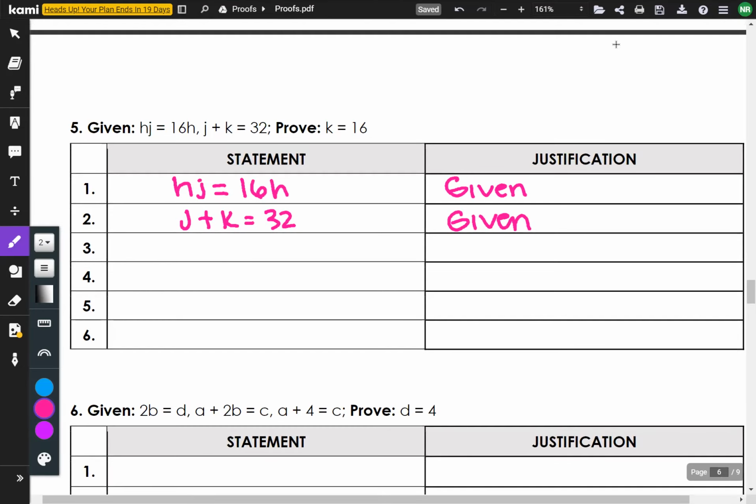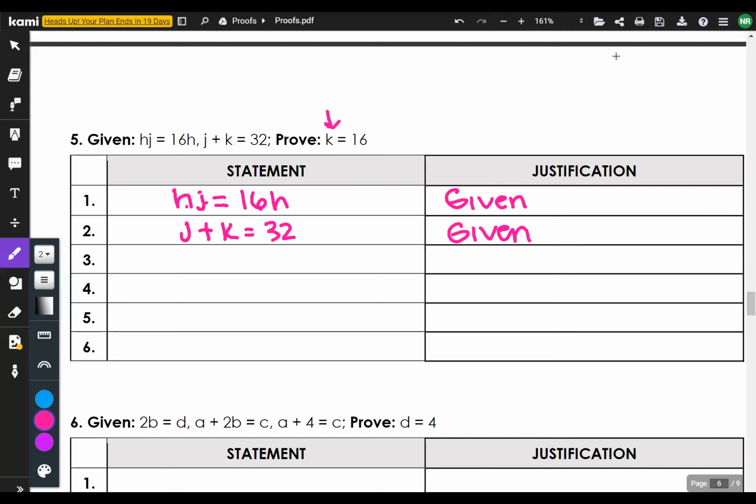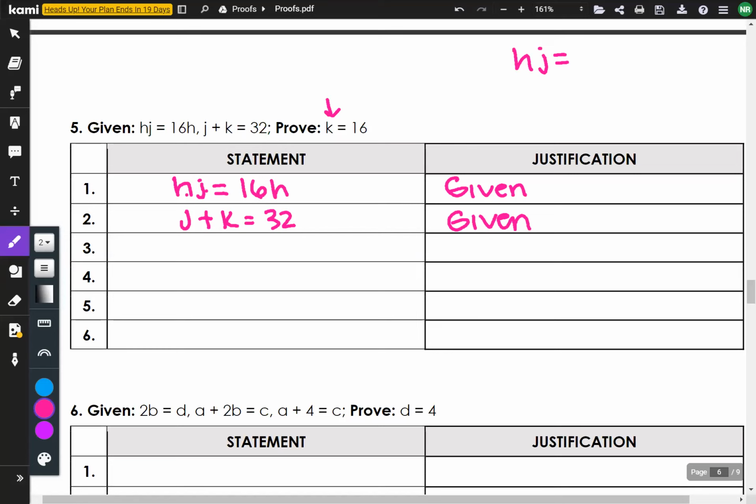All right, the goal is to prove that k is equal to 16. So we either need to get rid of h or we need to get rid of j. Now, they don't have anything in common yet because hj is not the same as j. So we're going to take that first equation and solve it.